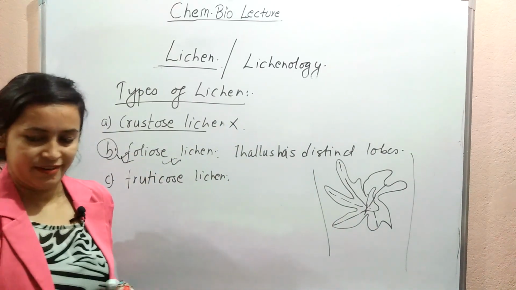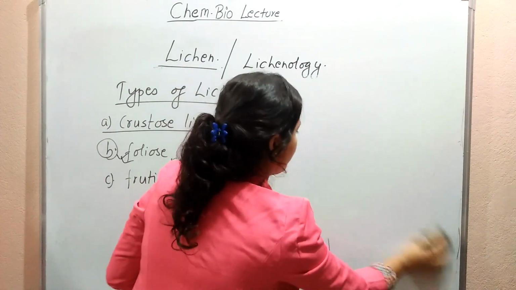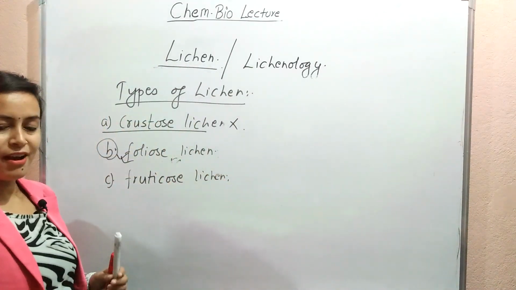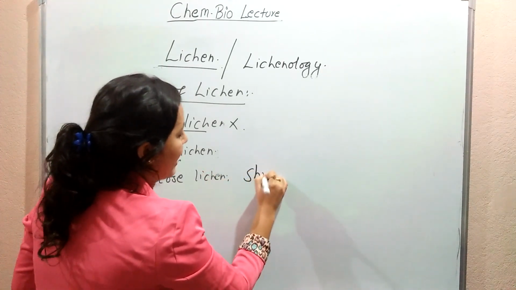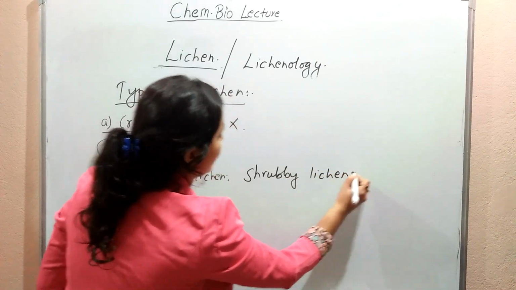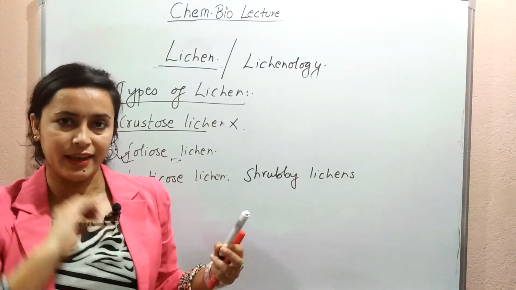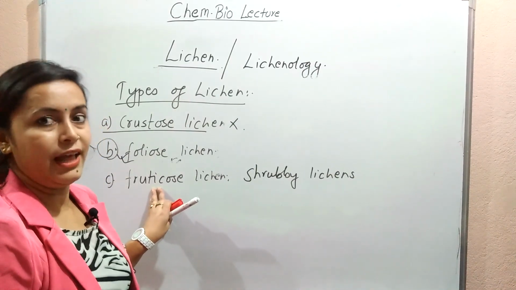Foliose lichen. So what is fruticose then? Fruticose lichens are like a ribbon, considered shrubby lichens. Such branched lichens are considered fruticose lichens.